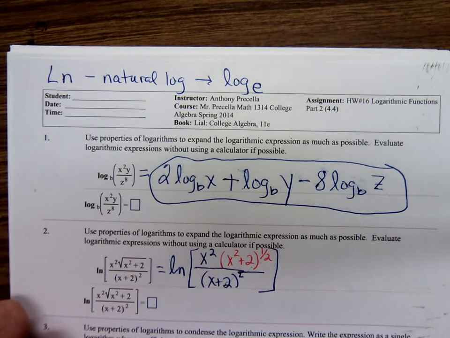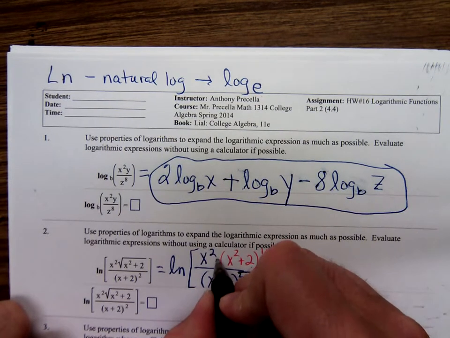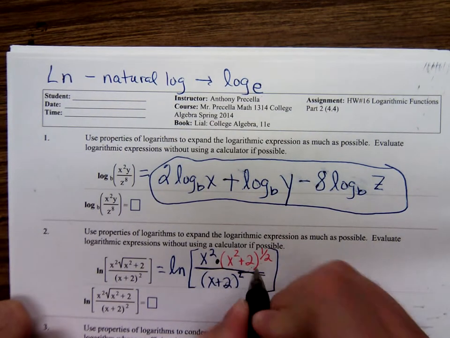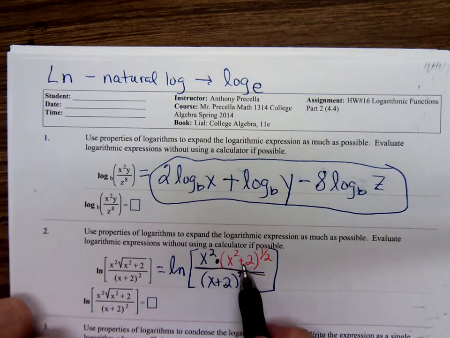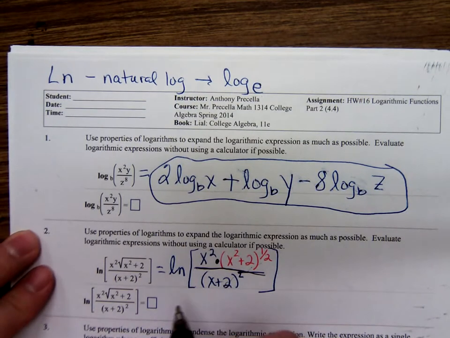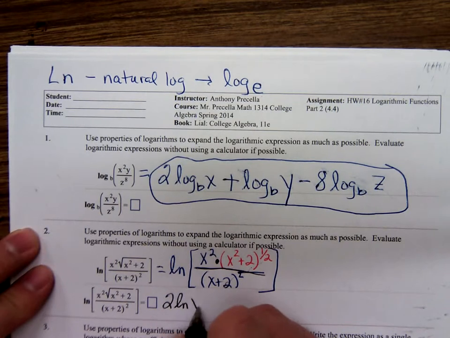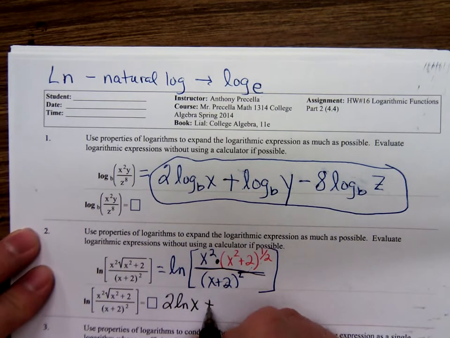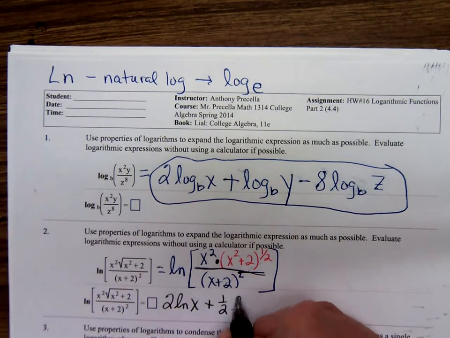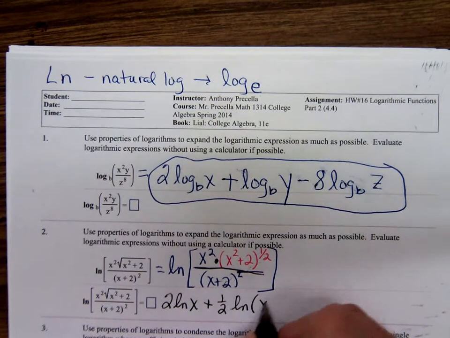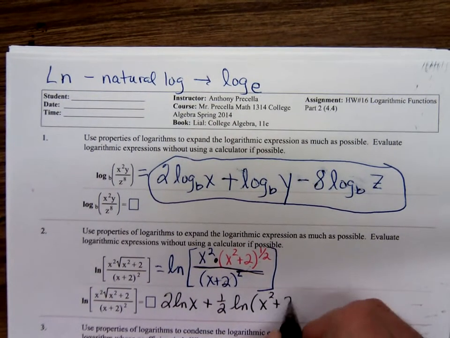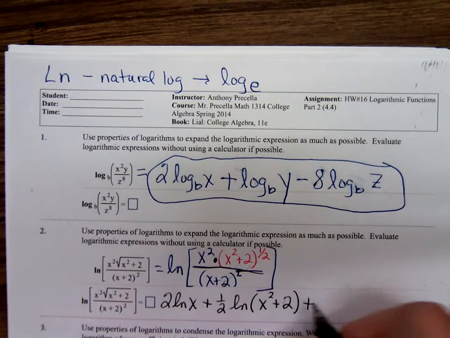Realize, separate at multiplication and division. You can't separate at addition or subtraction. So there's going to be 3 of these. 2 ln x plus 1/2 ln x squared plus 2 plus 2.